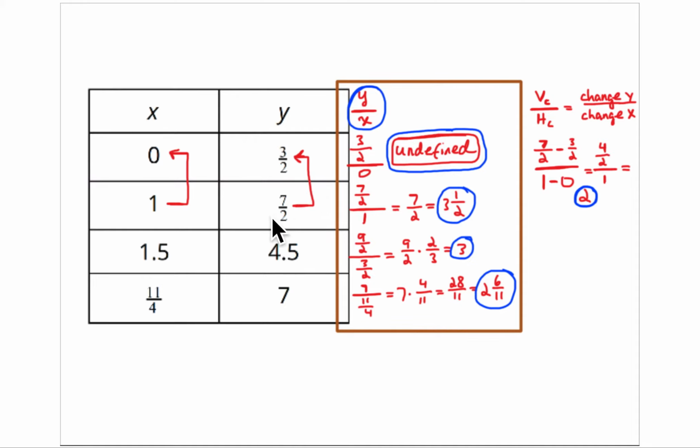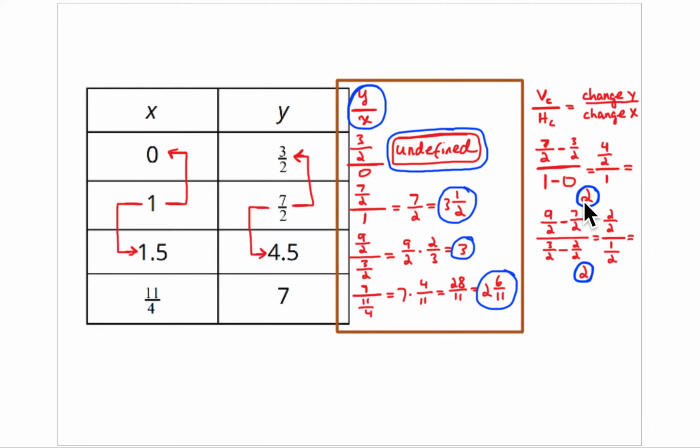Sorry about that. So you're going to take where you end up and subtract where you started. So 7/2 minus 3/2 is equal to 4/2. And the horizontal change was 1 minus 0, which is 1 unit. Well, 4/2 divided by 1 equals 2.